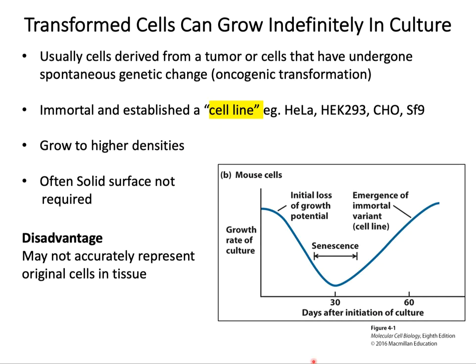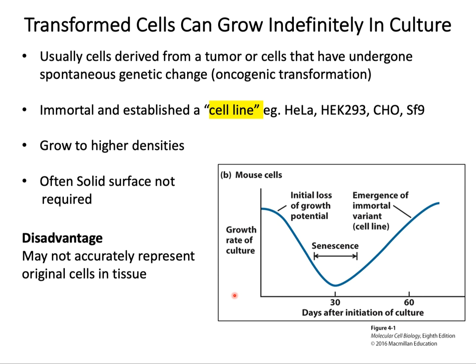As we have seen, the primary cells have a finite lifespan. One way to circumvent this problem of finite doubling is to use transformed cells, the concept we introduced in the last slide. So the transformed cells are usually derived from a tumor or from cells that have undergone spontaneous genetic mutations.